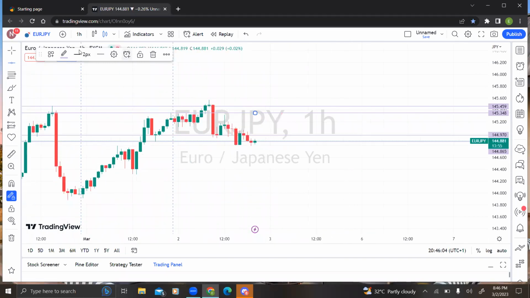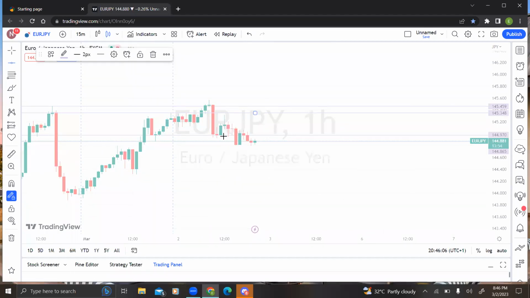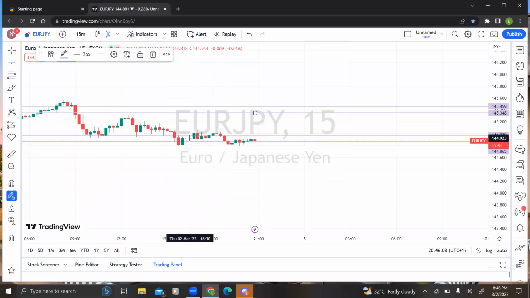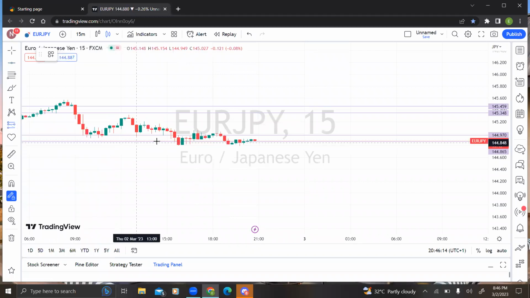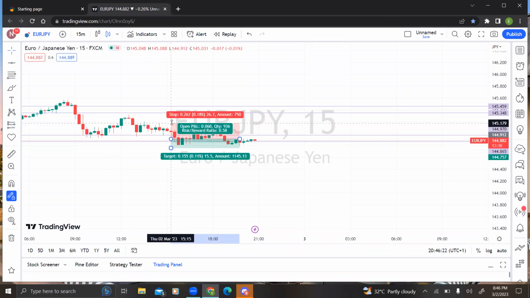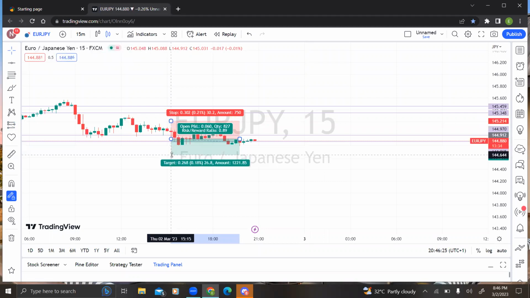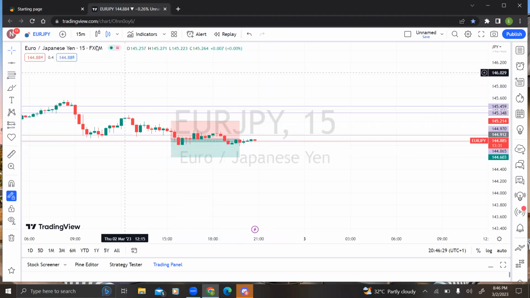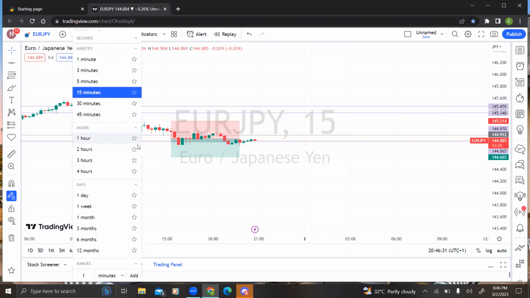Price has done a break. Can we check 15 minutes if it has done a retest yet? It did a retest here. Guess what? This trade is valid for entry. If you're risking 30 pips right here like this, 30 pips, take profit like this, this trade is indeed valid for entry. I'm not going to give the trade.